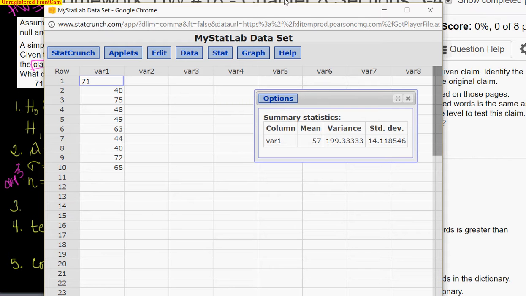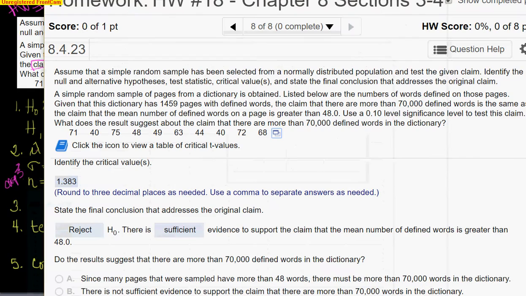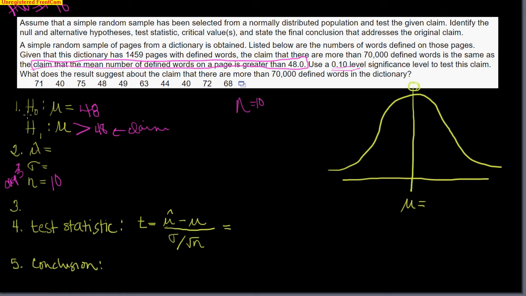I'm going to close that out and write that down. We have a sample mean of 57 and a standard deviation of 14.12. So we actually had to calculate that ourselves. One extra step from previous problems, but we know how to do that.